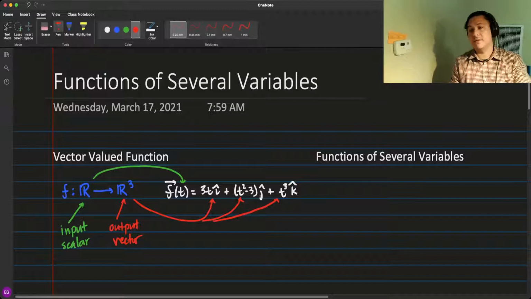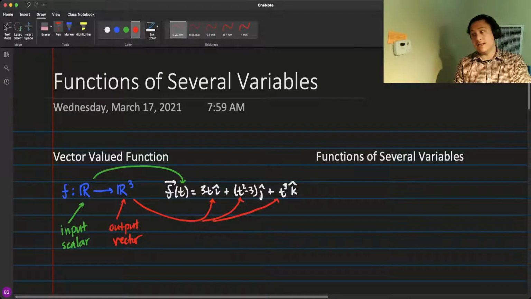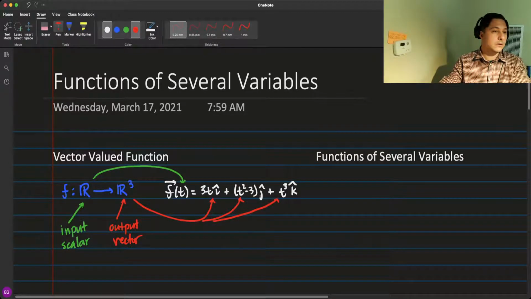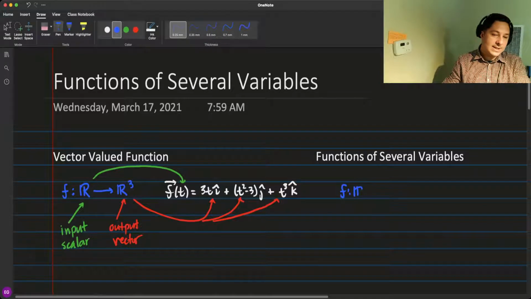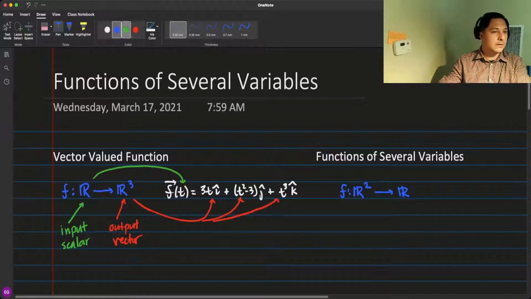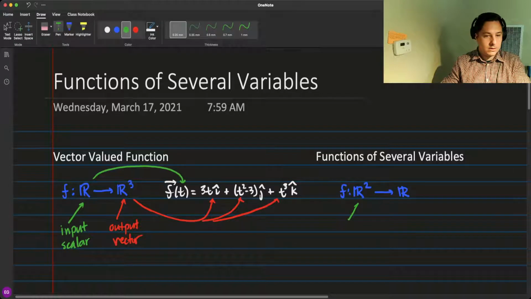Okay, functions of several variables are like the exact opposite. So if you have a function of several variables, your function f takes as its input a vector, and then it spits out a scalar. So now I have an input.